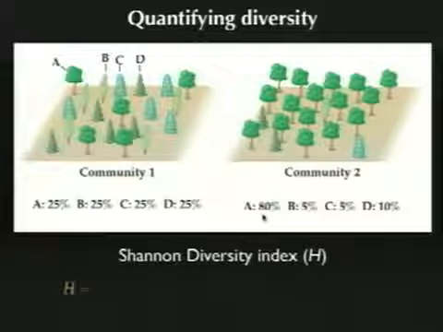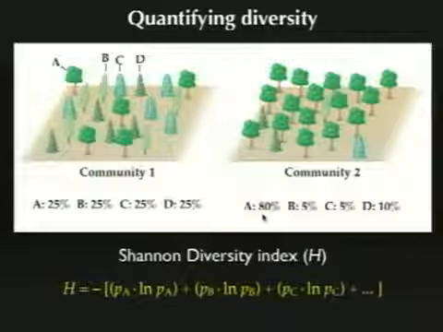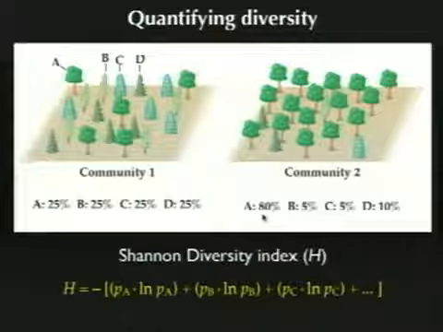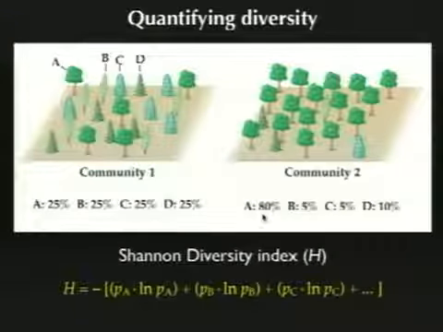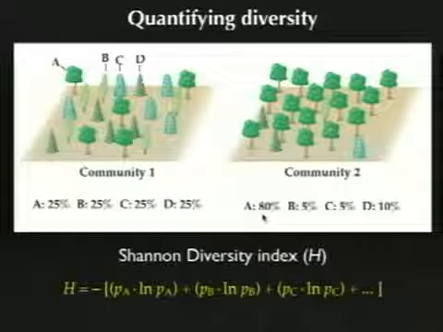You don't have to memorize the formula necessarily, but I do want you to punch it into your calculator, which will give you a more formal understanding of how diversity can be quantified and how you can show with numbers that the one community is more diverse than the other.